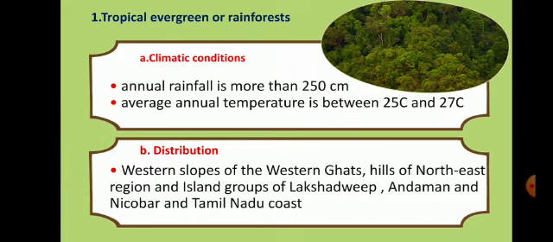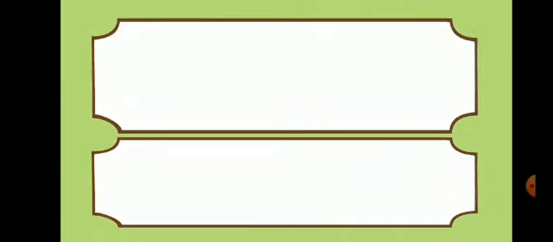This type of forest you can mainly find on the western slopes of the Western Ghats, hills of the northeast region, and the island groups of Lakshadweep, the Andaman and Nicobars, and the Tamil Nadu coast. Next we'll go to the characteristic features.